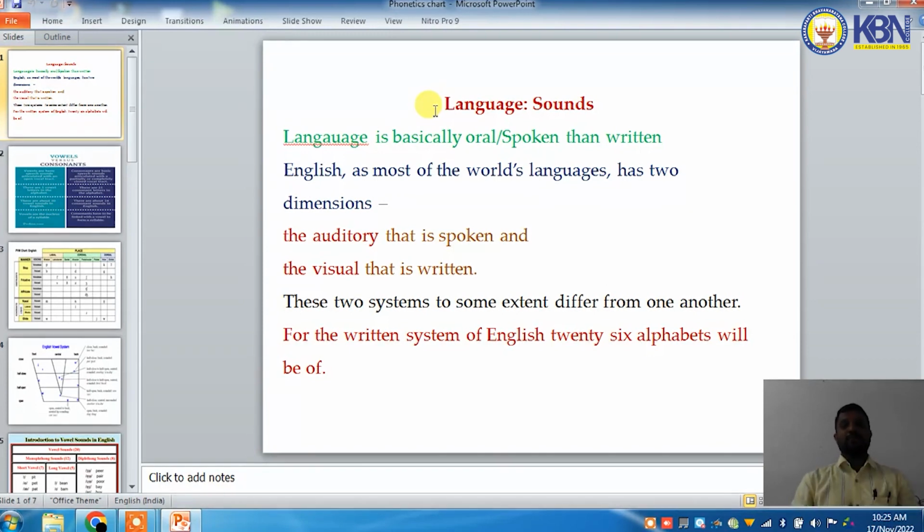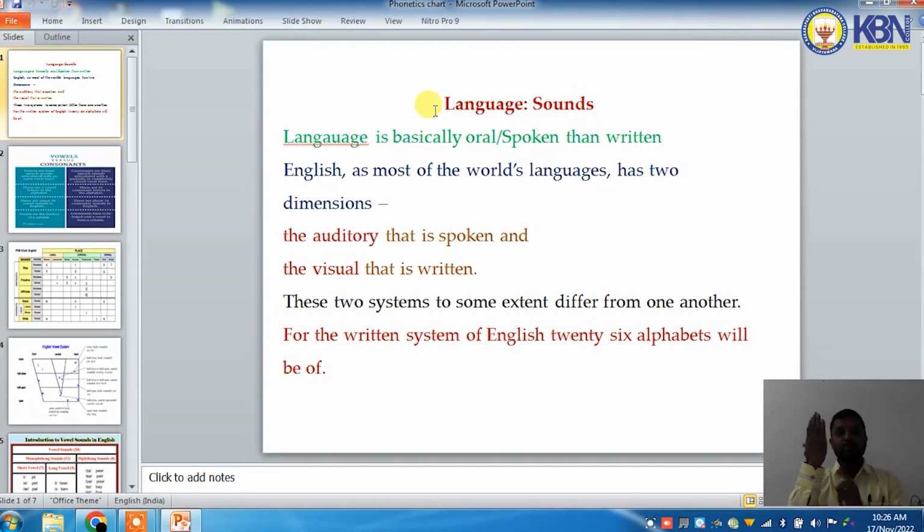Let me help you. Vowels are the sounds that are produced with a free flow of air. Once again, you need to know that vowels are the sounds that are produced with a free flow of air without any obstruction, my dear students. For example, if we talk about our Telugu phonemes, A, I, U, A, I, O, Ow.